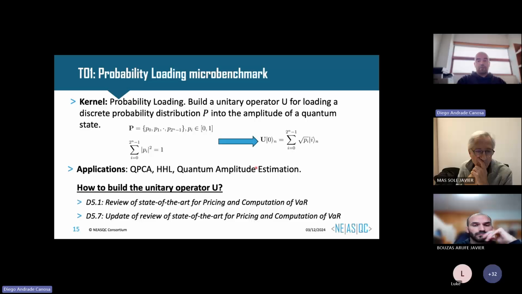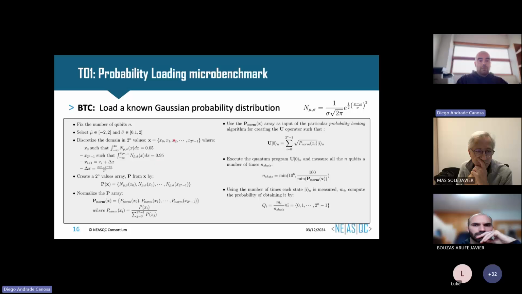As this is the first one that I'm going to introduce, I'm going to explain to you the template that I'm going to use to introduce the different benchmarks. First, I'm going to tell you about the kernel. Then I'm going to tell you where this kernel is used, in which type of applications. Then later, I'm going to tell you about the benchmark test case that we are using for this kernel and the detailed execution procedure.